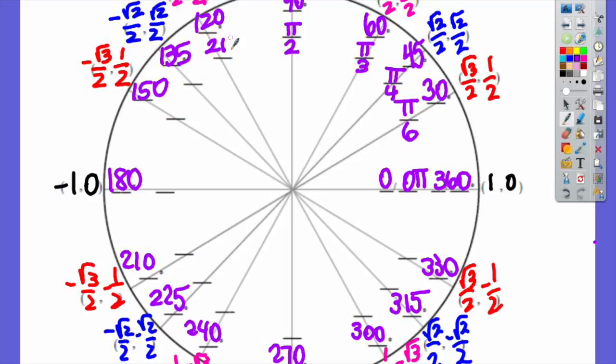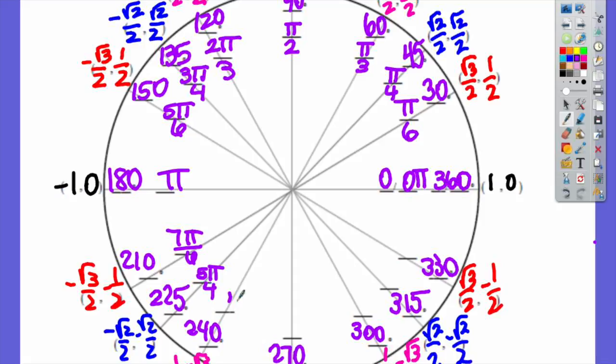But if I convert, this is 2 pi over 3, 3 pi over 4, and 5 pi over 6. What's 180 as a radian? Pi. This one is 7 pi over 6, 5 pi over 4, and 4 pi over 3. I'm going as slow as I'm going. Anybody know what 270 is as a radian? 3 pi over 2.